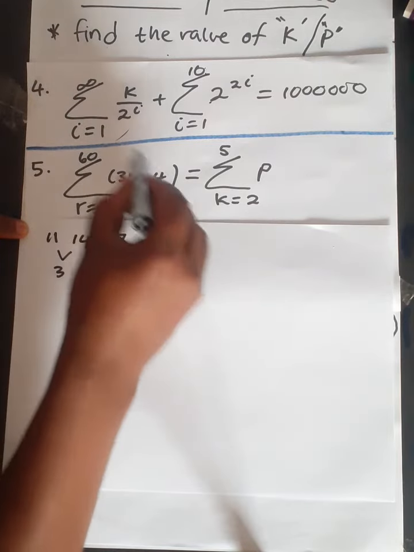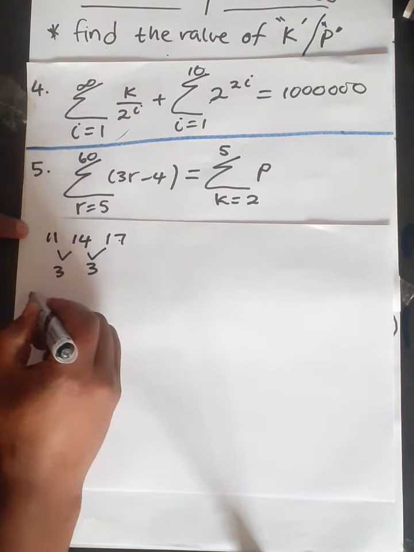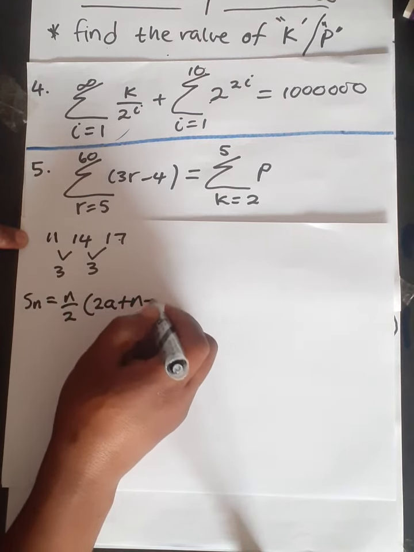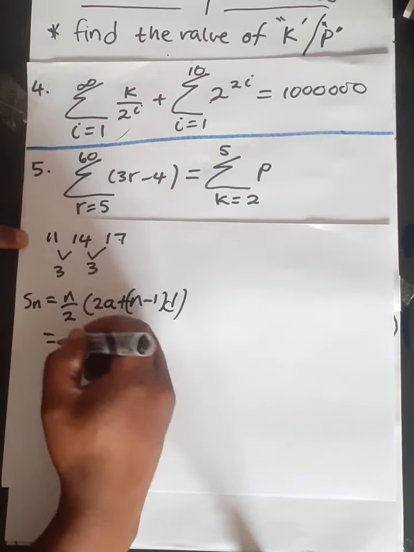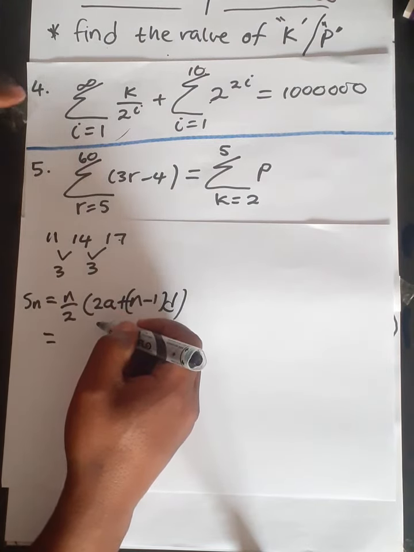Chaza ukuthi yonke lento yini, it's an arithmetic. Futhi kumele sobhala iformula yani ye-arithmetic. Kuzoba n over 2 into 2a plus n minus 1 kuzoba lana u-d, right? Bese sesizocalculate la u-n ubani.